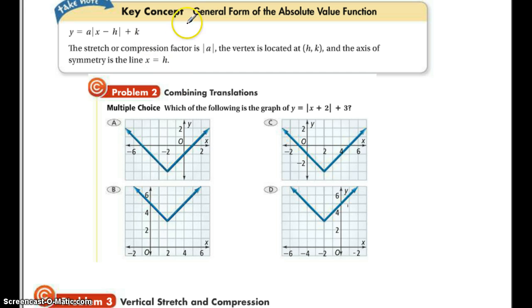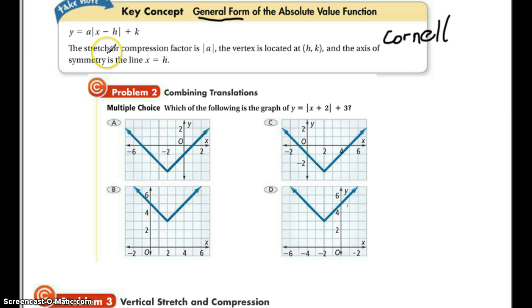Before we get here, I want to just review a quick concept. This is your general form for the absolute value function. A great note for your Cornell notes. A is your stretch or compression, h is your horizontal shift, and k represents your vertical shift.